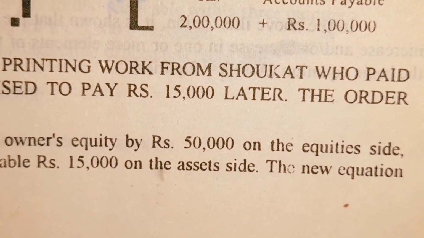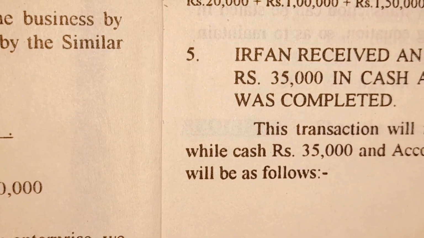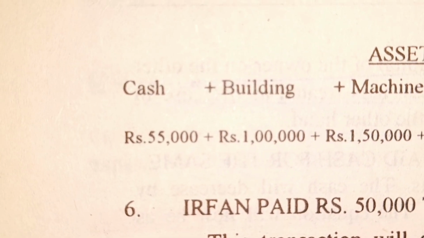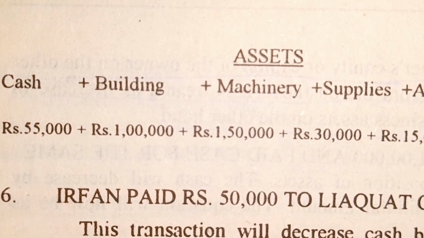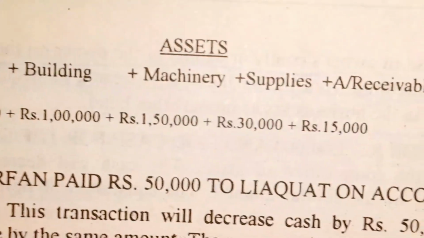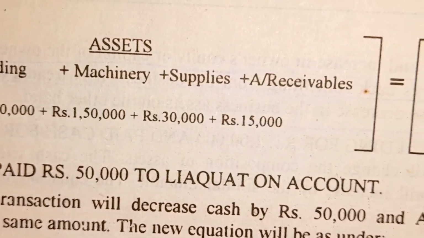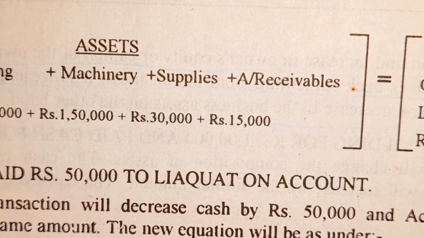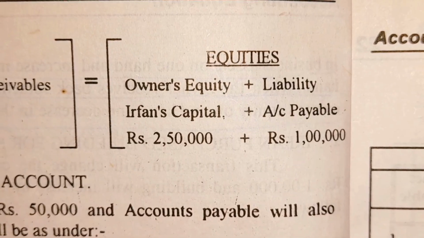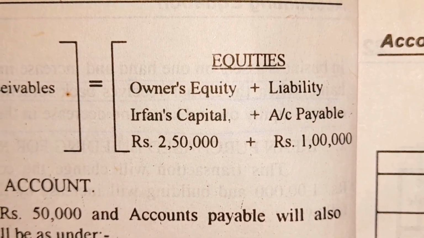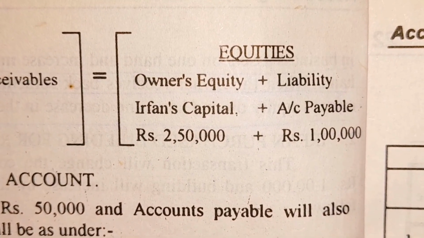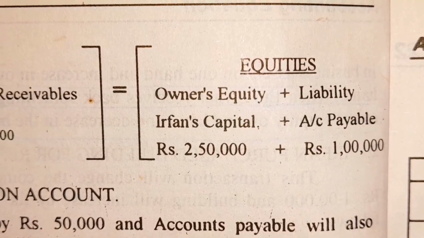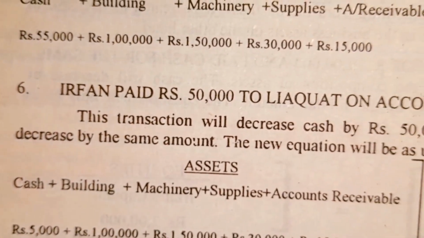The new equation will be as follows. Assets, cash rupees 55,000, building rupees 1 lakh, machinery rupees 1,50,000, supplies rupees 30,000, accounts receivable rupees 15,000, equities, owner's equity, Irfan's capital rupees 2,50,000, liability, accounts payable rupees 1 lakh.